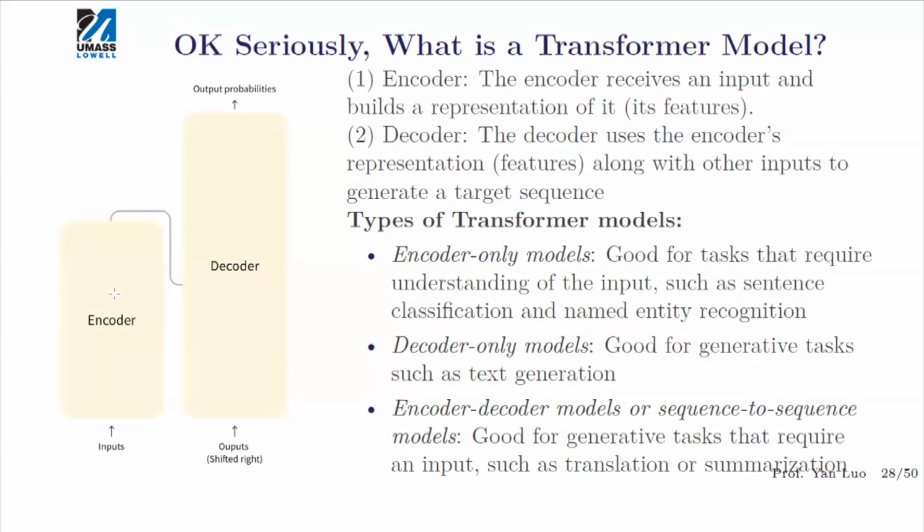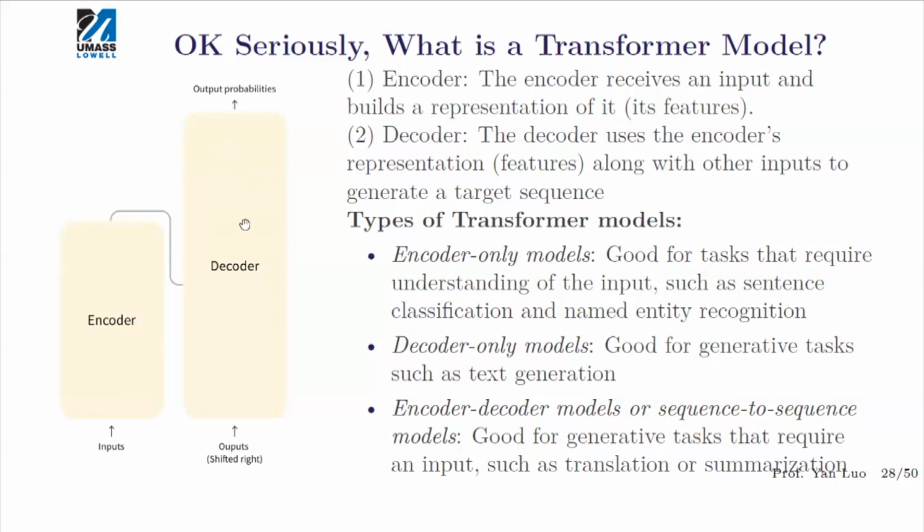The first stage is called the encoder, which receives the input and builds the representation, basically extracting the features from this input and getting that ready for the next module, which is the decoder. The decoder has a lot more things in it than the encoder.